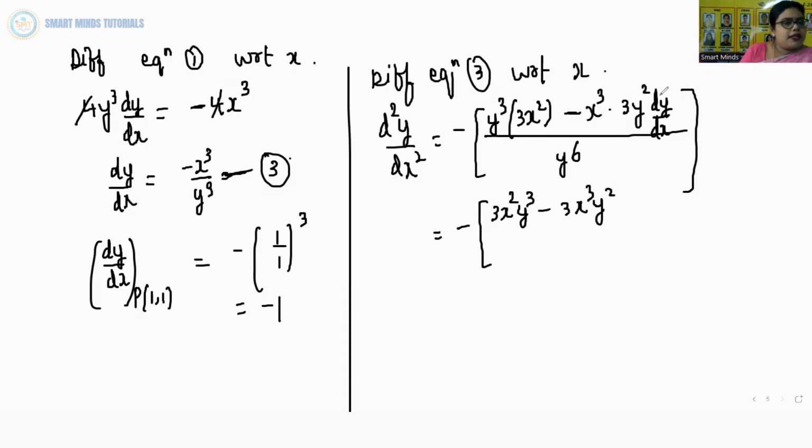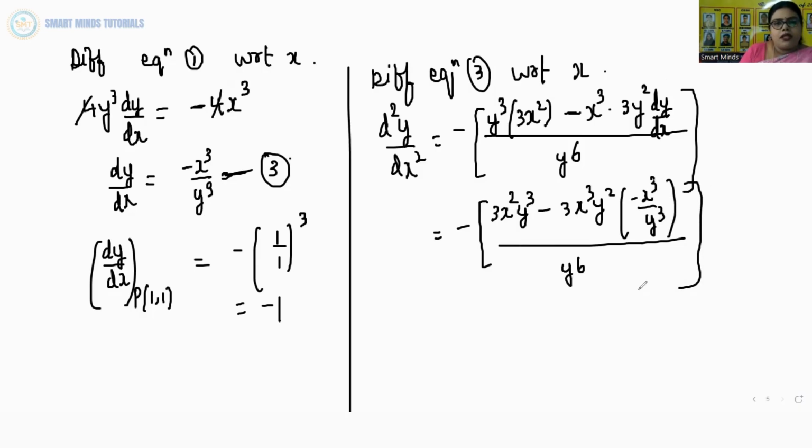of dy by dx I will substitute equation number 3, that is minus x cube by y cube. So minus x cube by y cube, by y power 6. Now here y square and y square get cancelled. So if you take the LCM here, what do you get? This y will be multiplied with the first term because we are taking LCM.